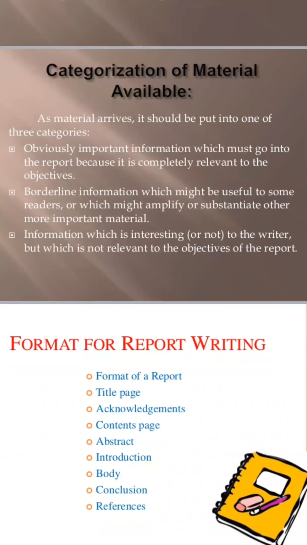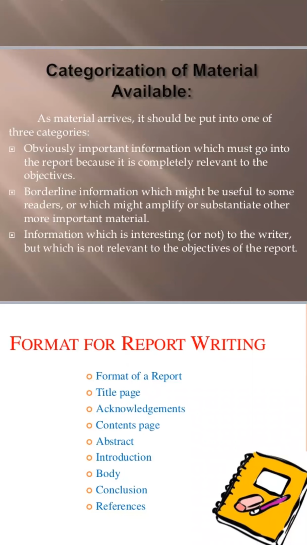Then we are categorizing the material of the report. As material arrives, it should be put into three categories. The important information should be the very first one, because it goes into the report since it is completely relevant to the objectives.